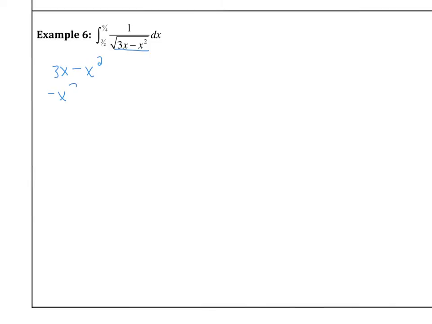And the second thing to note is that the coefficient of your x squared term must be 1. So if you have anything other than 1 in front of that x squared, whether it's a 3, a 7, a negative 82, you have to factor it out. In this case, it's just a negative 1, so we have to factor it out. So we have negative x squared minus 3x.